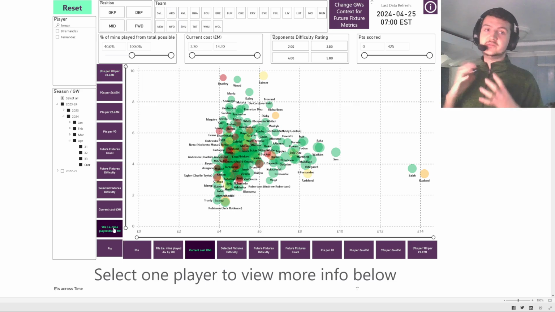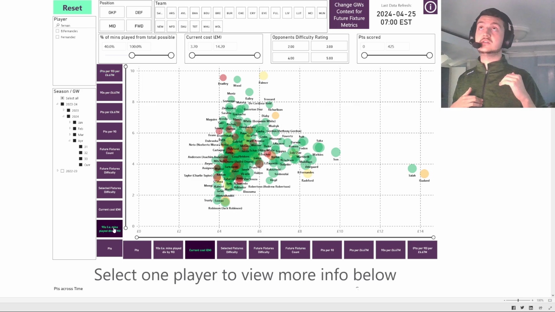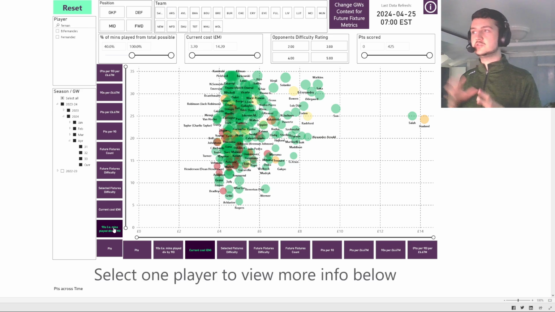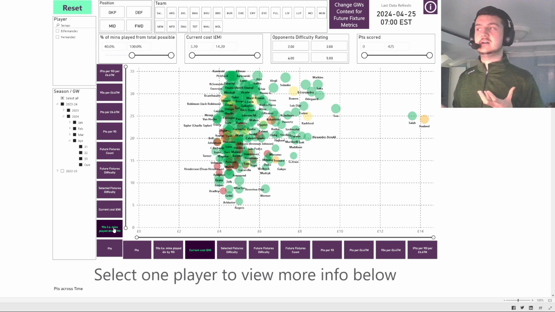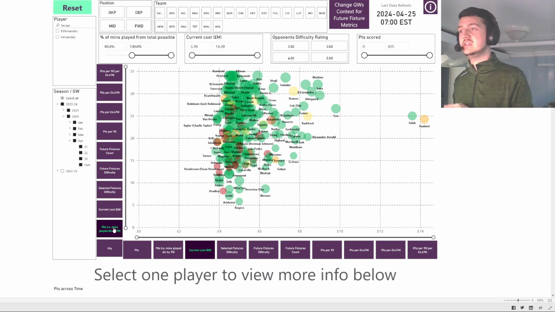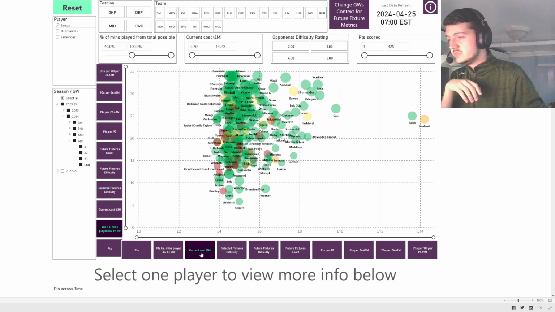That's just the number of minutes they've played divided by 90. So that tells you effectively how many games they've played, accumulating across all games where they've been substituted in, where they've started and only played 20 minutes, and so on. So 90s is divided by current cost right here.